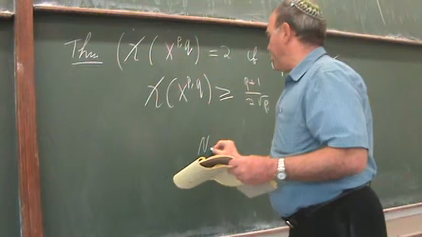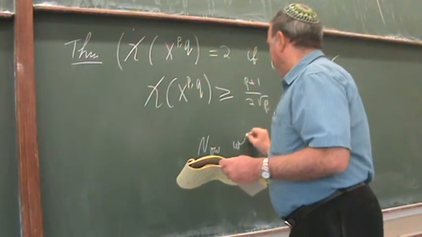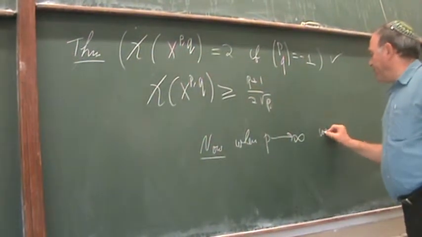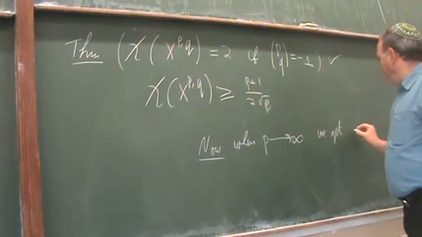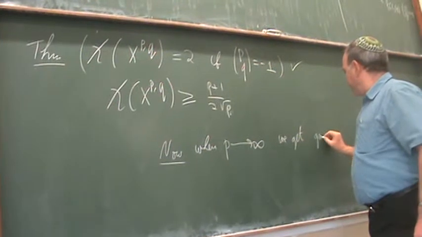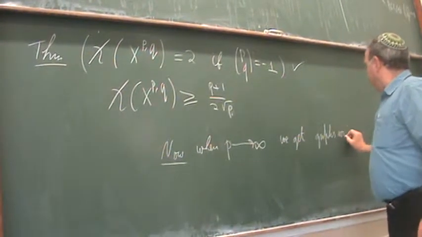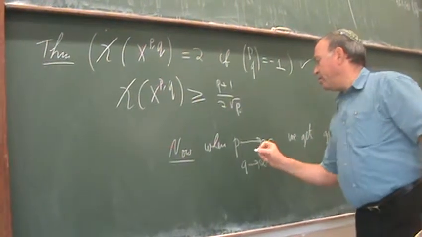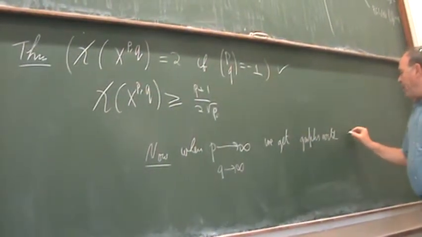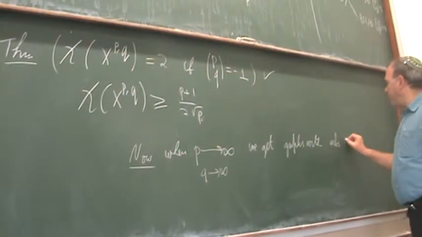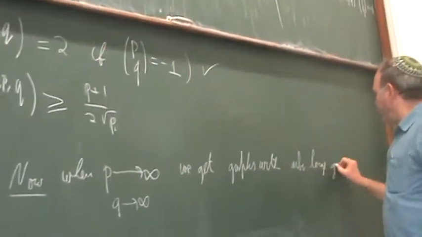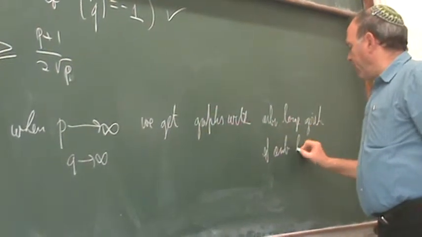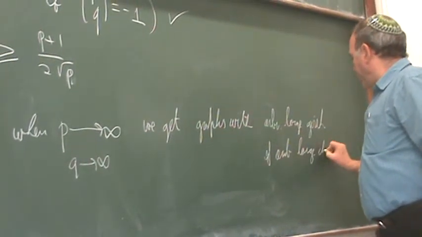So now, when p goes to infinity, we get graphs, with q going to infinity, with arbitrarily large girth and arbitrarily large chromatic number.